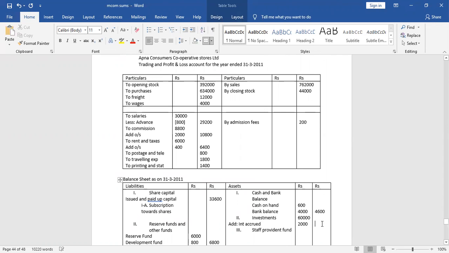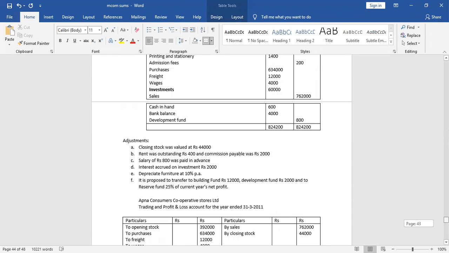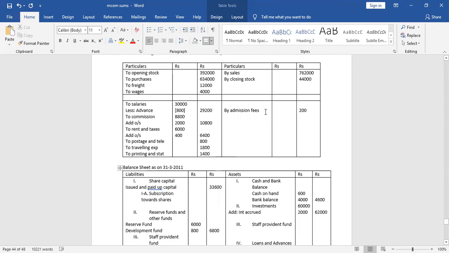So this will become 62,000. So what second effect has to be given? By income, by interest accrued on investment, on the credit side, 2,000.